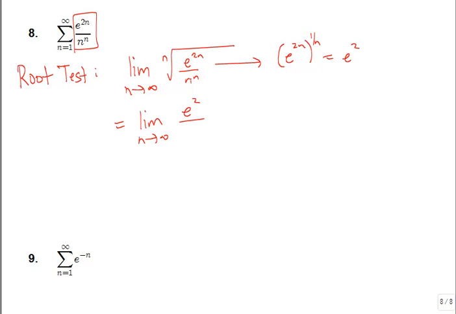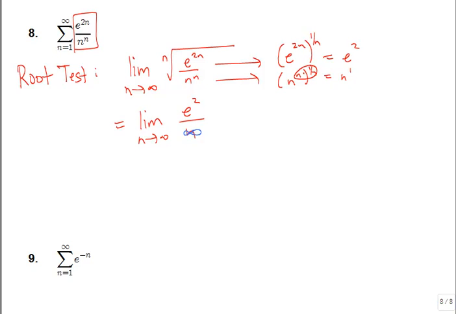The same thing will happen on the bottom because this is like an n to the n raised to a 1 over n, and when you multiply this n and this 1 over n, they cancel out to a 1. So this is just an n to the first, or an n on the bottom. So as n gets big, this denominator gets big, but the numerator is a constant because e squared is just 2.718 quantity squared.